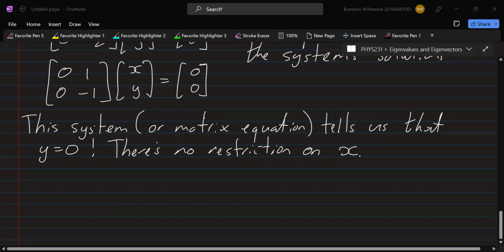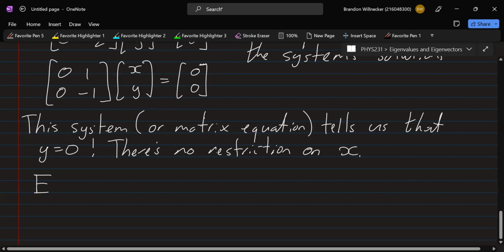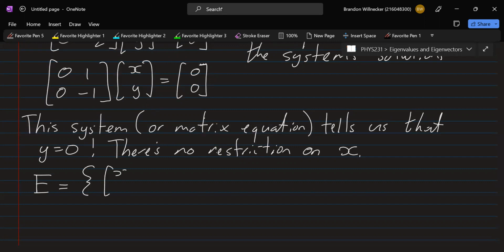So that means that we don't have a single eigenvector, but we have a whole set of eigenvectors parameterized by x. So we can write the whole set of eigenvectors, which we call the eigenspace, is equal to the set of all (x, 0), such that x is an element of the complex numbers, because we work in the field of complex numbers.